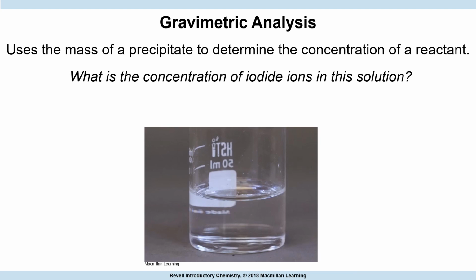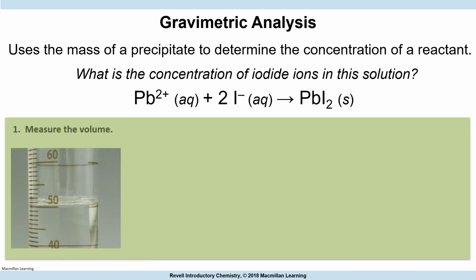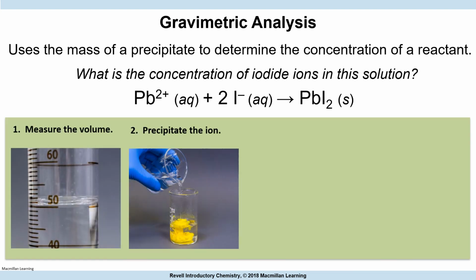So gravimetric just means we use mass, which we just did. Here's, and we saw this example a little earlier, lead ion plus iodide ion, and that's going to form this crazy yellow stuff. Really cool little reaction that you could do. Maybe you did it in the lab, maybe we'll do it.